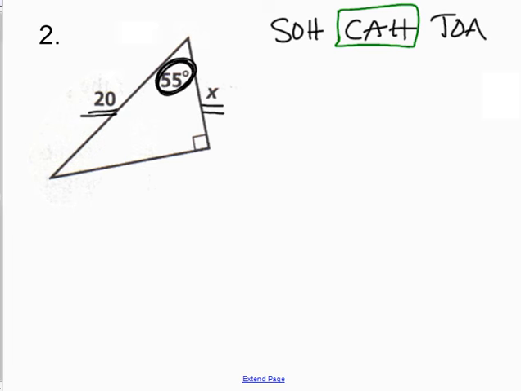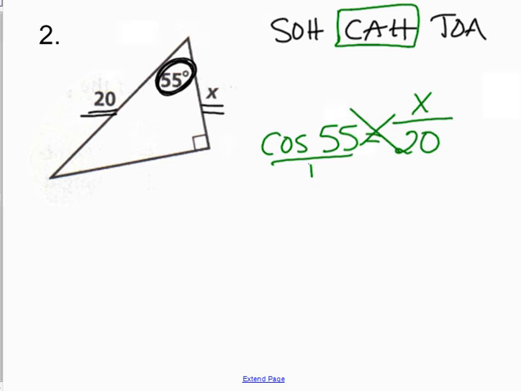So I am going to write the cosine of 55 equals the adjacent side, x, over the hypotenuse, 20. Cross multiply, this is over 1, and I end up with x equals 20 times the cosine of 55.